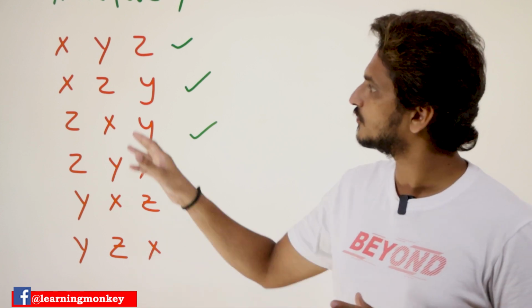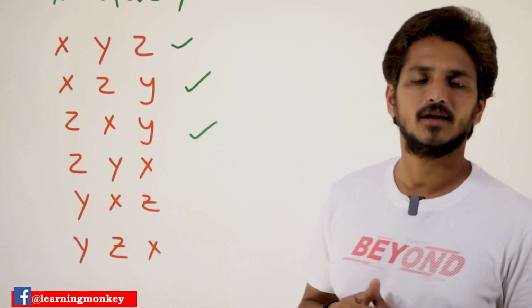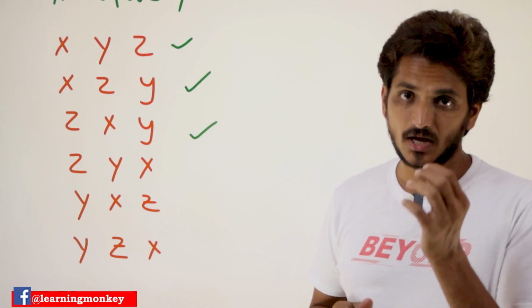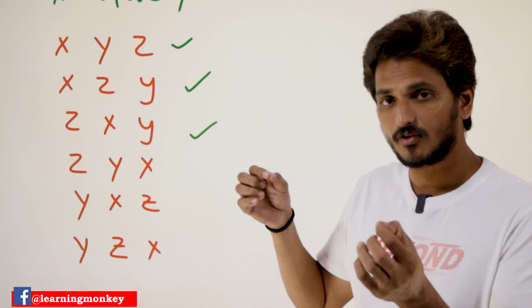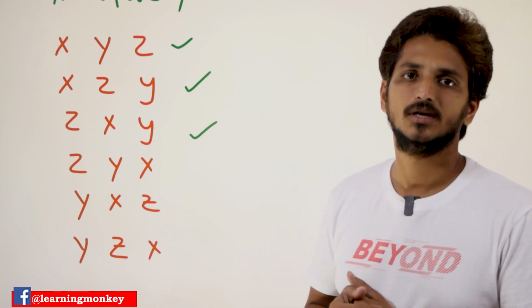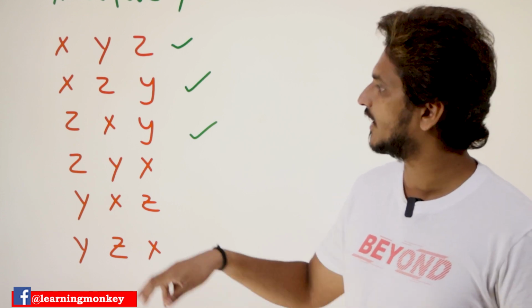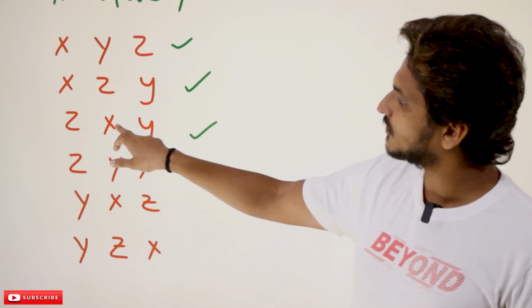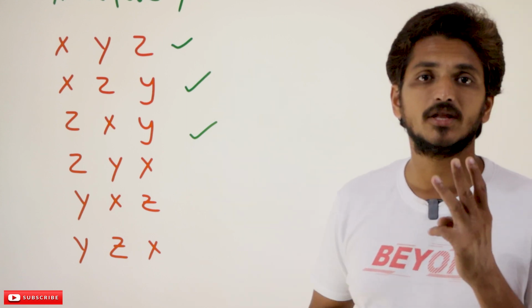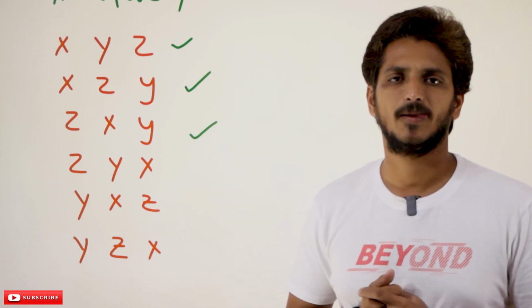It is not compulsory to have x followed immediately by y. X should come first, after that y should come. In between you can have any number of elements. This is what we need to identify: xyz, zxy, xzy. So how many possibilities are there? Only 3 possibilities are there.